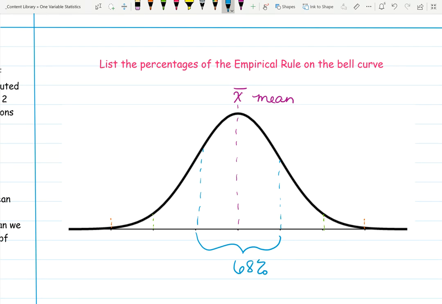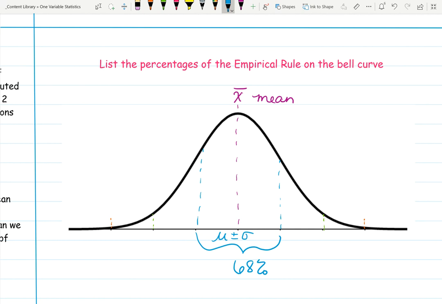of our data. Okay, so that's our mean, which is denoted by X bar, or it's also denoted by mu. Okay, so the Greek letter mu plus or minus sigma. So that's just saying that either 1 standard deviation above or 1 standard deviation below the mean. So 68% of our data.